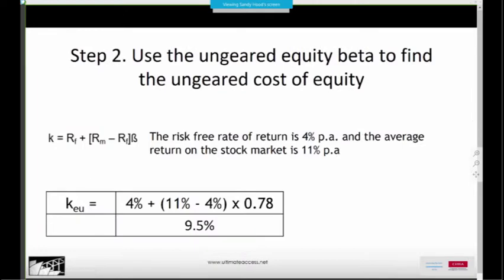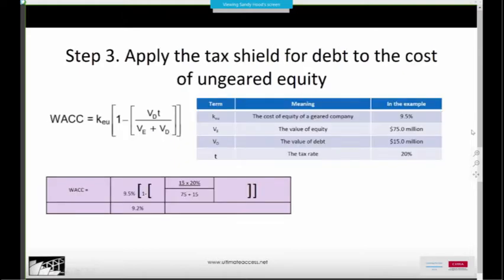So we apply the 0.78 using the CAPM formula, which gives us an ungeared cost of equity of 9.5%. We can then put that into this other formula, where we recognise that the overall WACC, the weighted average cost of capital, will fall as we're able to take advantage of the tax deductibility of interest.